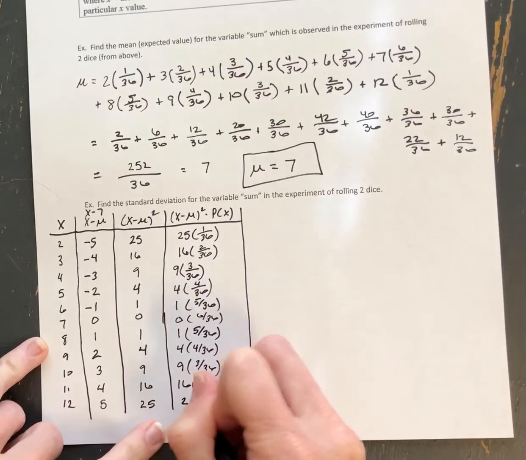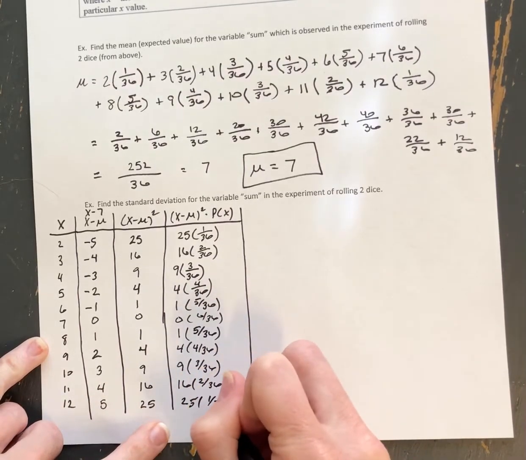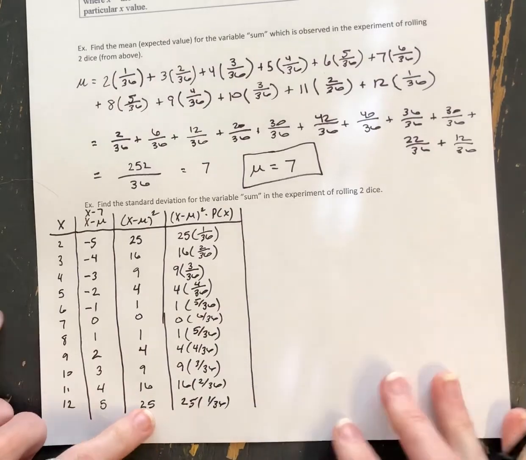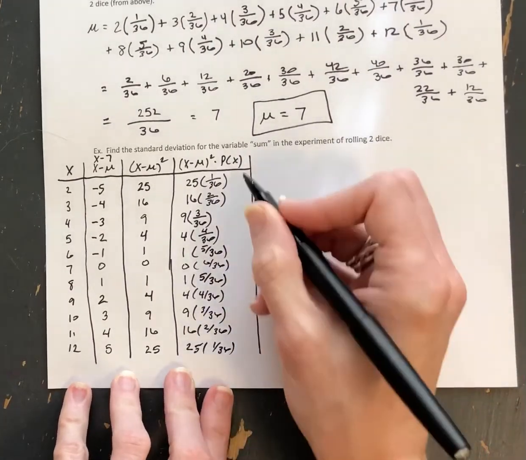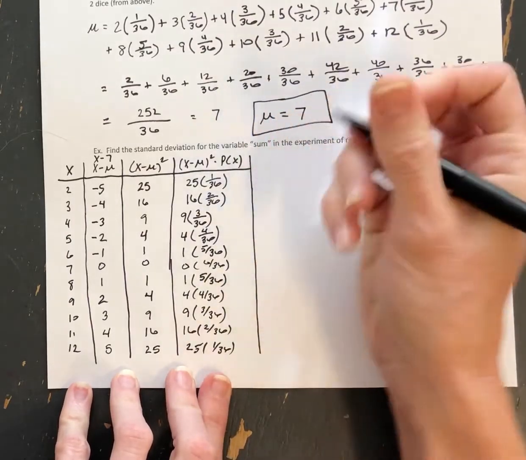And finally 25 by 1 out of 36. And so I tried to leave room right next to this so we can actually do that multiplication.